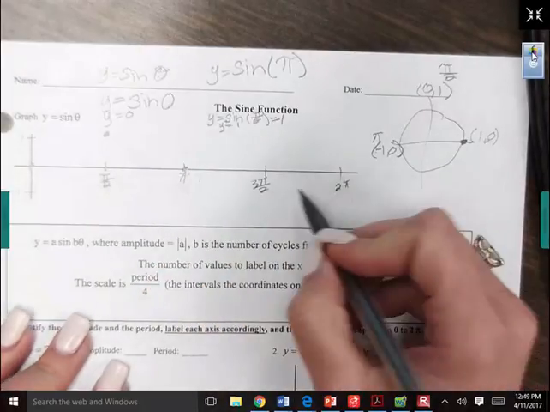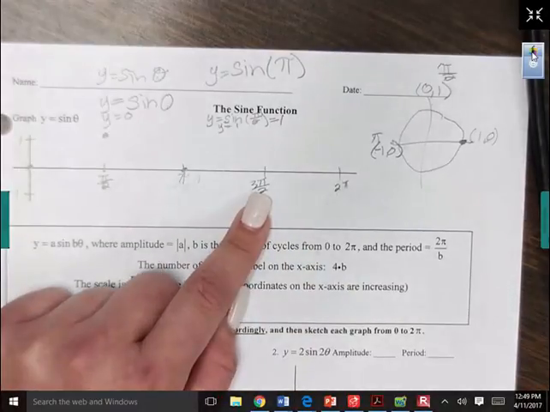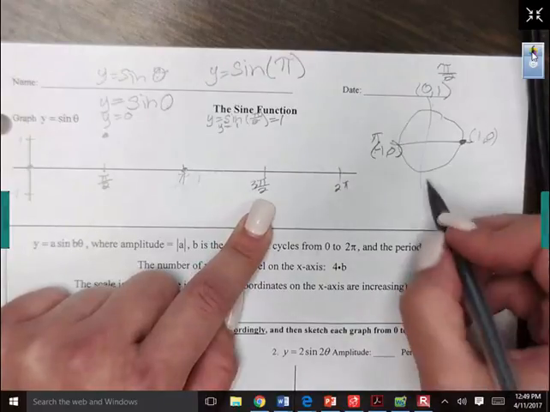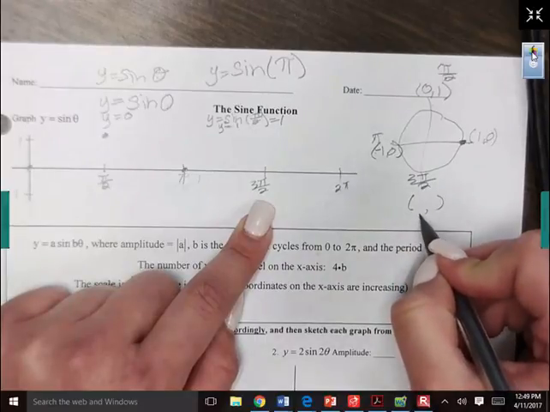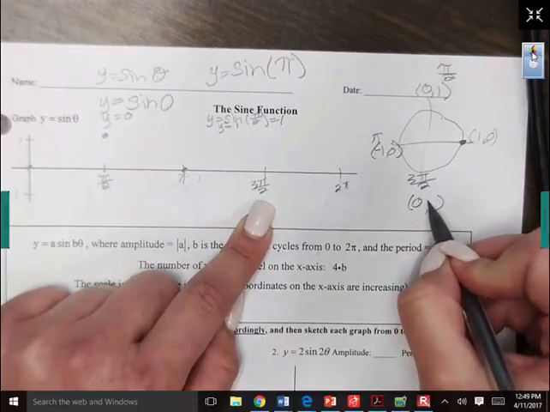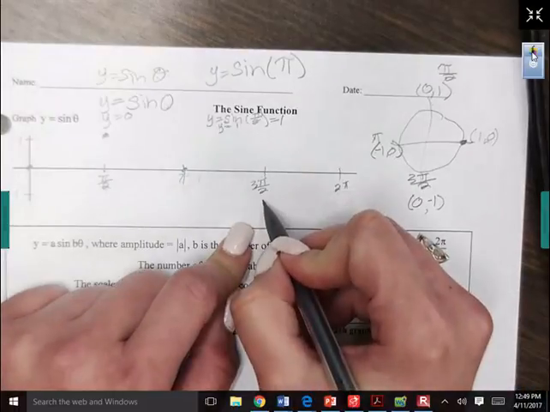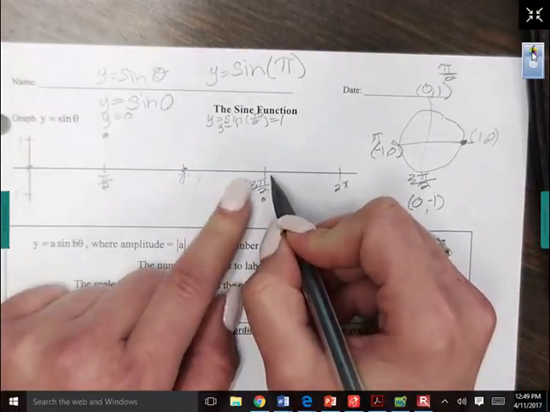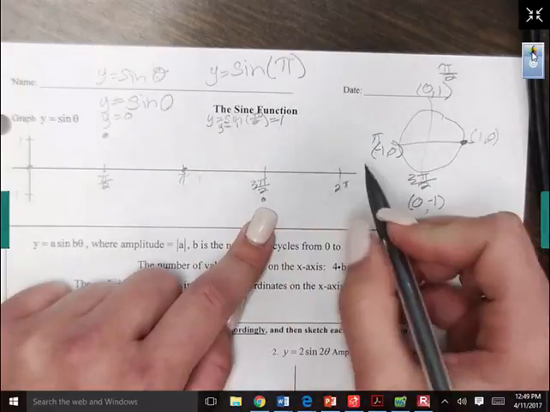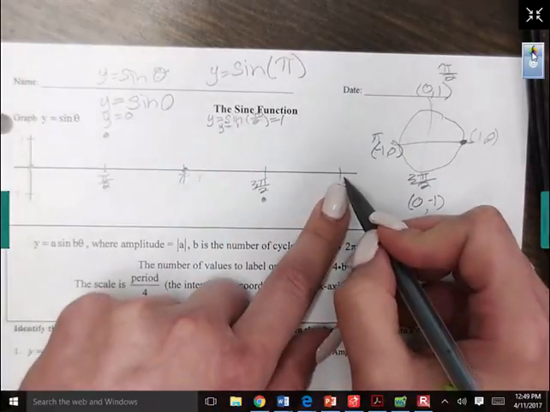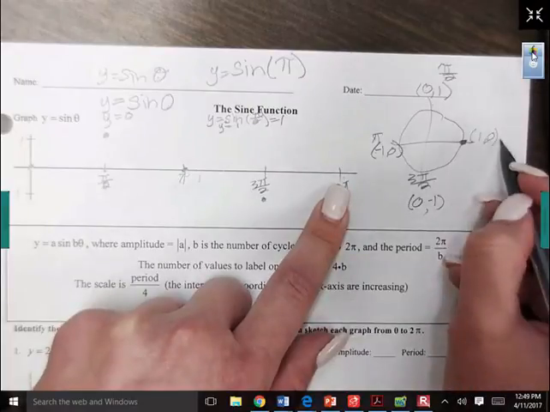Now, the next thing we want to do is, Sam, what is the sine of 3 pi over 2? 0, -1. Good. So the sine of 3 pi over 2 is -1. Now, what is the sine of 2 pi, Sam? 1, 0.